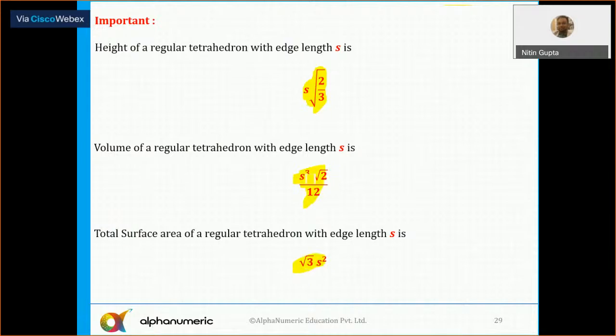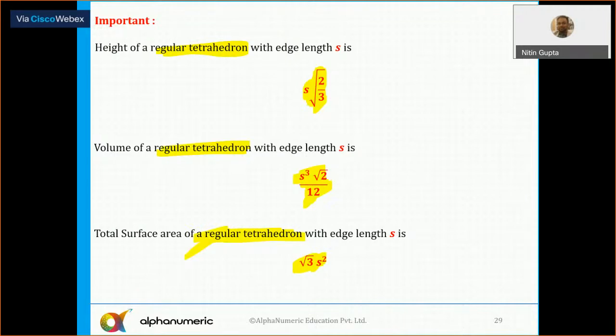So these are the different formulas related to the tetrahedron, which is basically a triangular pyramid. But all these formulas are for a regular tetrahedron, where all four faces are equilateral triangles of side length S.